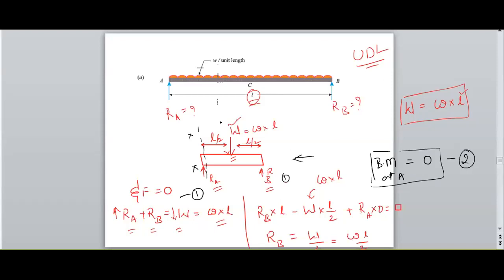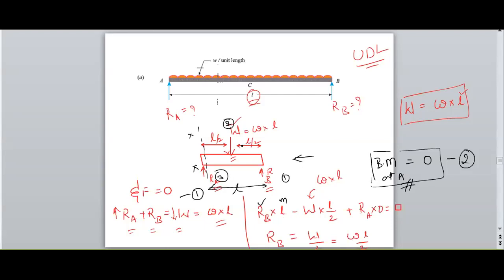The first force is RB, and its perpendicular distance from A is the length L. So RB into L.